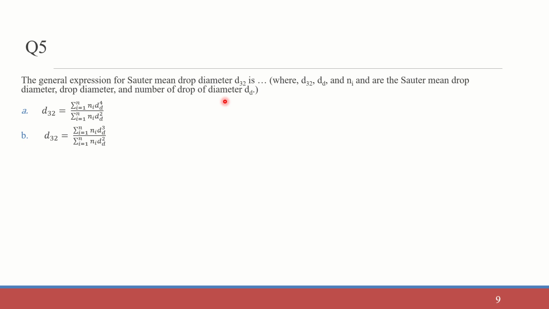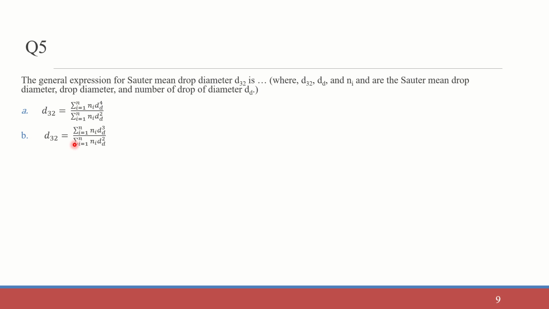Option A, D32 is equal to summation of Ni into dd to the power 4 from i equal to 1 to n divided by summation i equal to 1 to n Ni dd square.